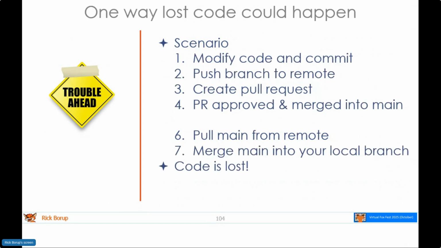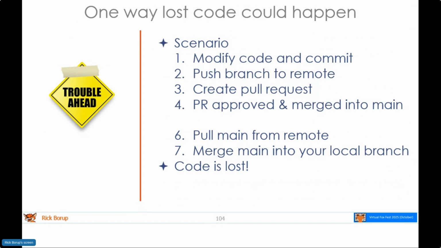Well, here's a situation where this actually happened in a scenario that I'm familiar with. Code was modified and pushed, pull request was created and merged. I'm skipping a step here on purpose because I'll come back to that. You pulled from main and merged main back into your local branch. In this workflow, that's the way you get changes back from other developers or even from your own pull requests: pull from main and merge into your local branch.